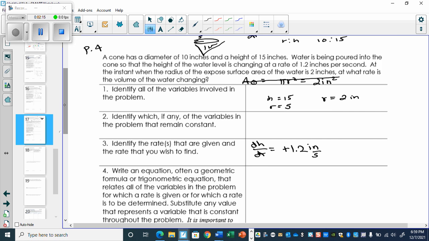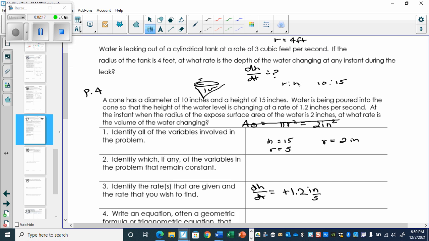So if I needed to find the height for whatever reason, I could, because I know the ratio of the radius to the height is 10 to 15. That means if I set up a ratio of the radius to the height, I have 10 over 15, and it says when this is 2, the height should be whatever this is.